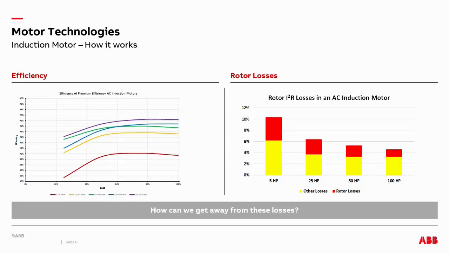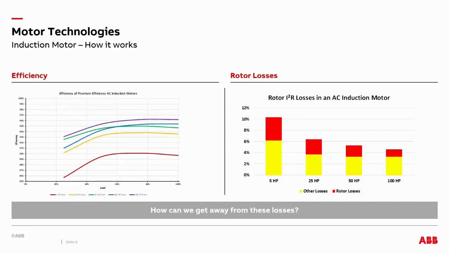We've got these variable losses, which change with the load on the motor. So our stator, which generally is the largest loss in the induction motor, is losses due to I²R losses. That is resistance in the stator windings, which is generally rejected by means of heat.